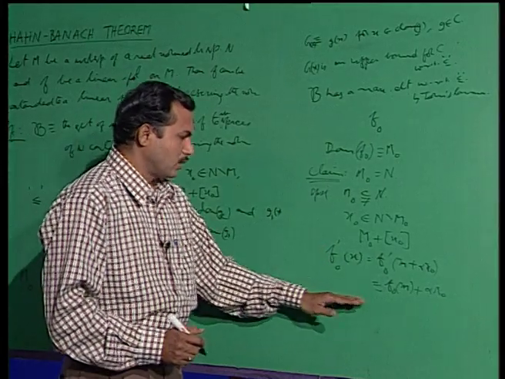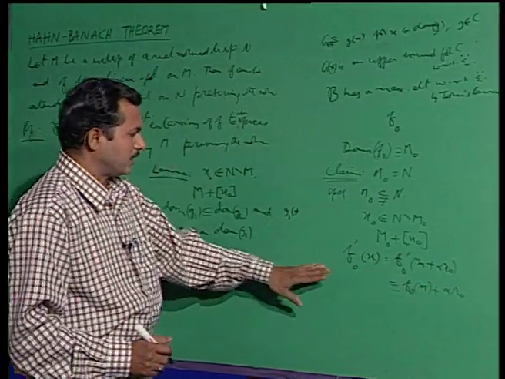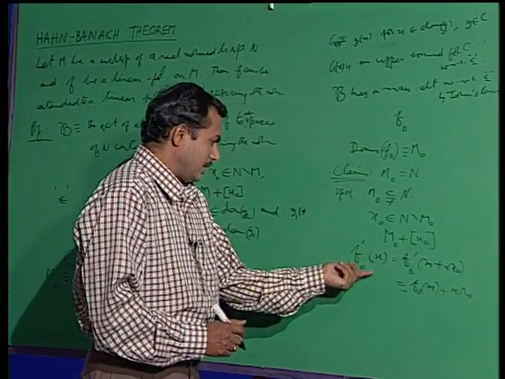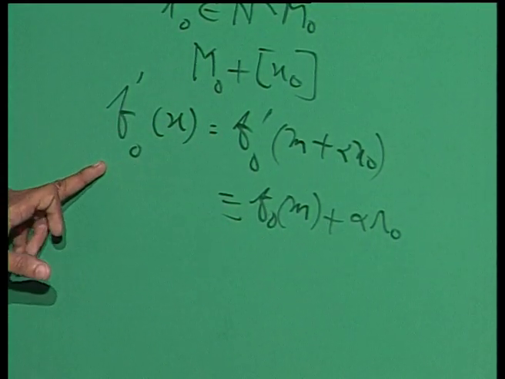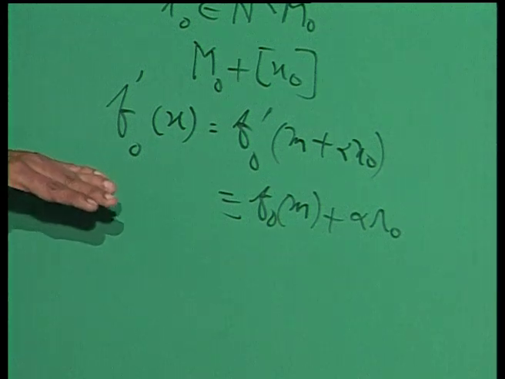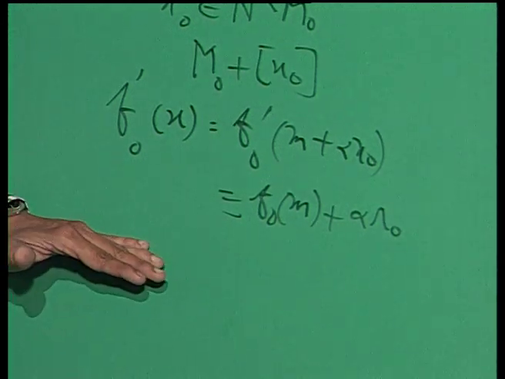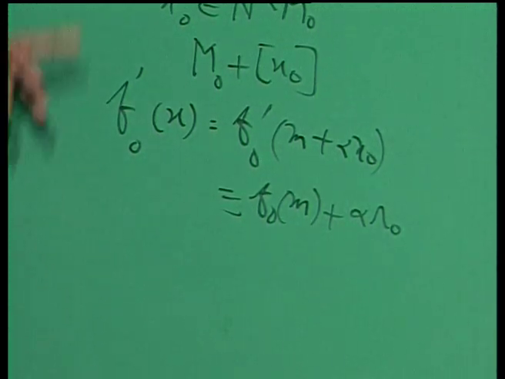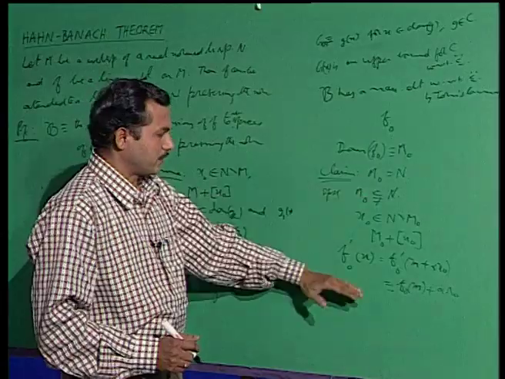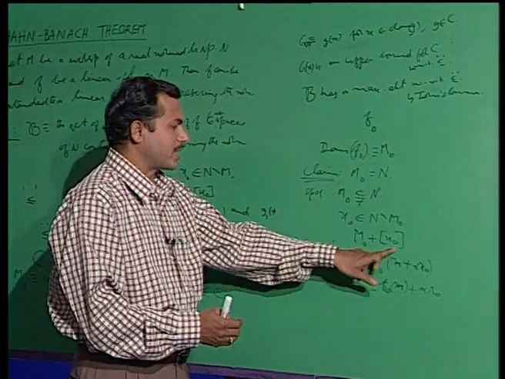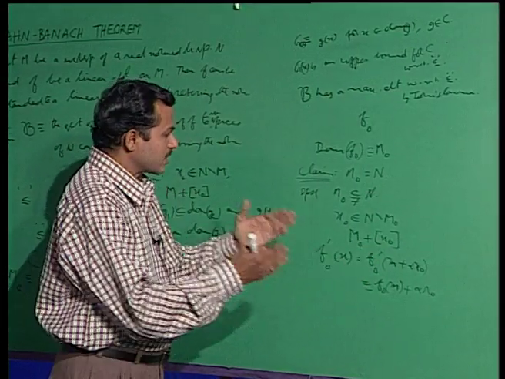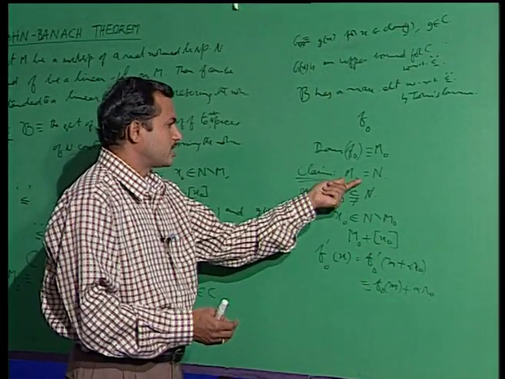In fact, we can choose r naught in such a way that f naught dash and f naught both have the same norm, and this way we can obtain a linear extension of the maximal element f naught to the space M naught plus x naught, which is the space generated by M naught and x naught, which in fact is a space larger than the space M naught.